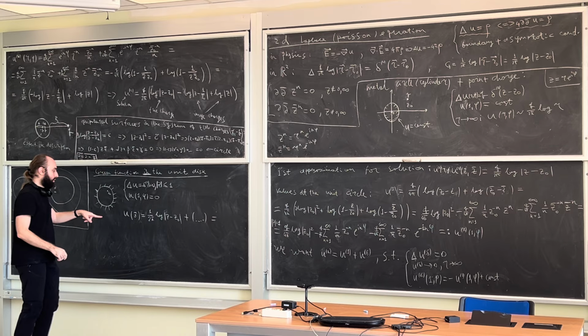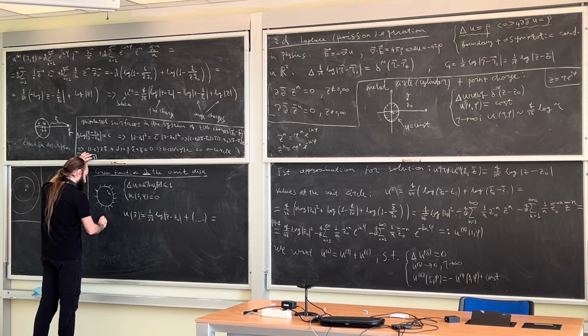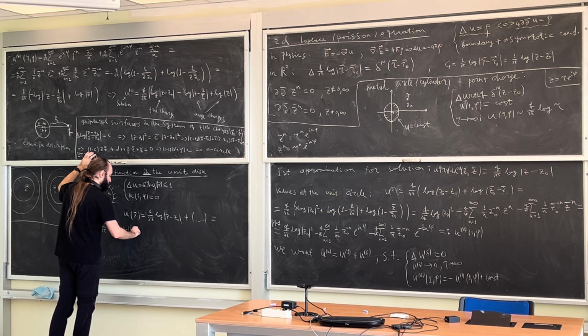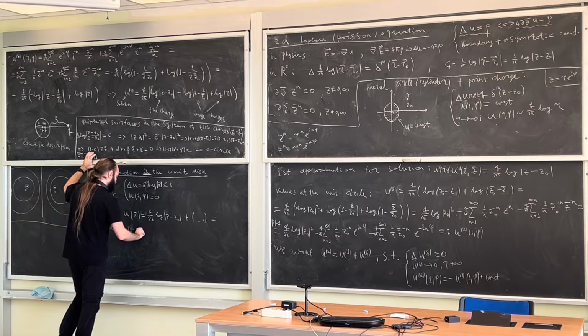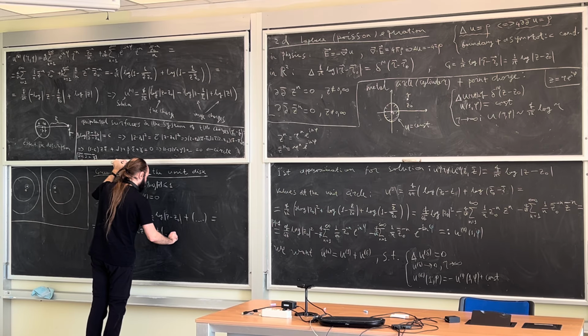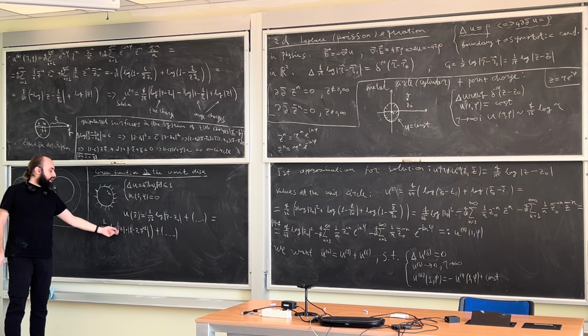The dots should be guessed, but this first equation can be written like this: 1 over pi, logarithm of absolute value of z times absolute value of 1 minus z0 z inverse, plus dots. So I can rewrite it in this simple way.